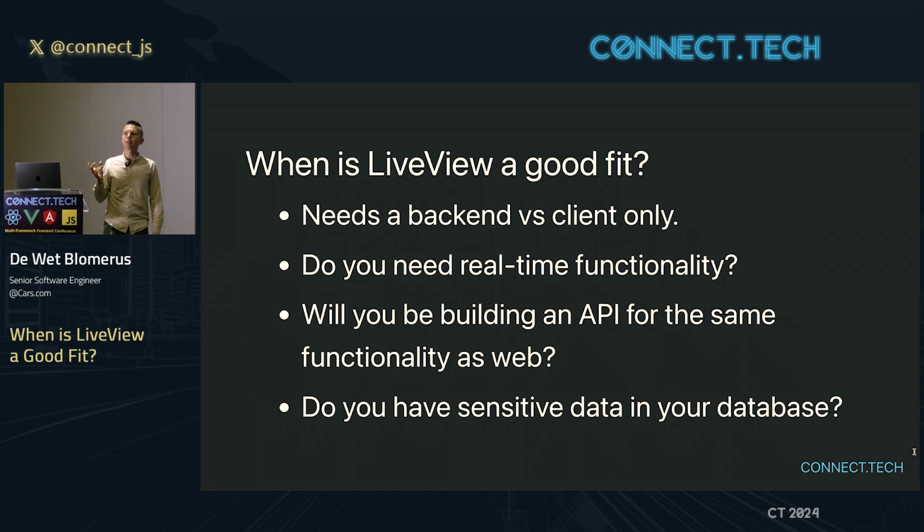Do you have sensitive data in your database? Now, this one kind of goes with the previous one as well. If you have to build an API anyways, because it's a mobile app, and you have to validate, obviously, every single framework there is going to have some way to make sure that certain fields don't make it to the API response.